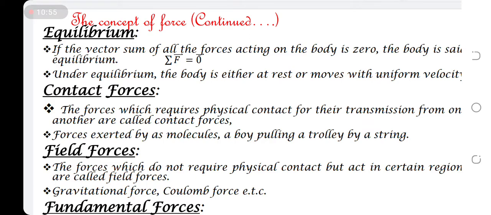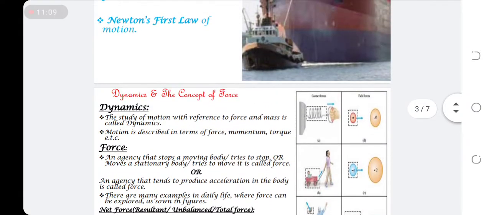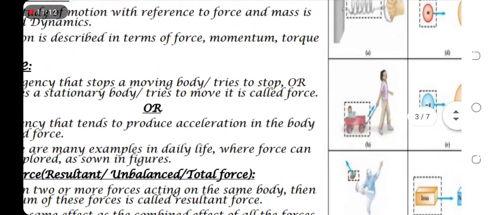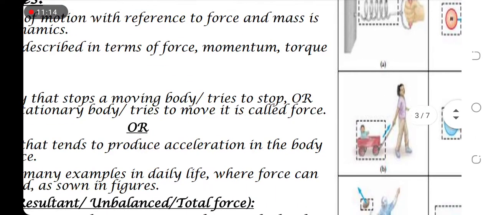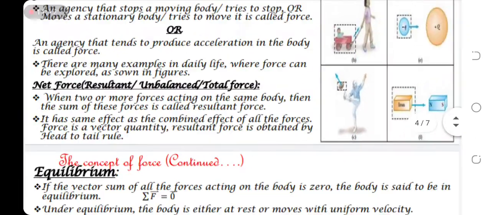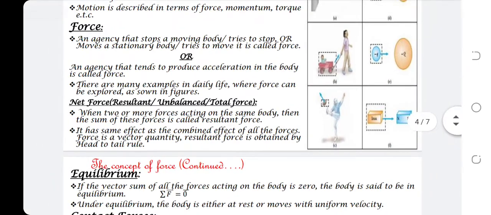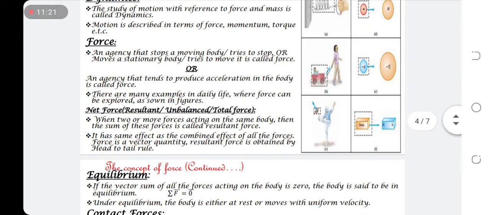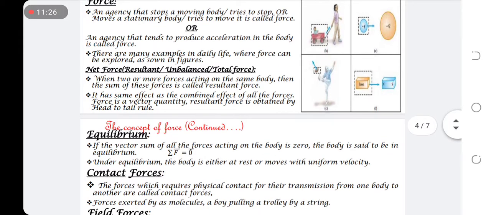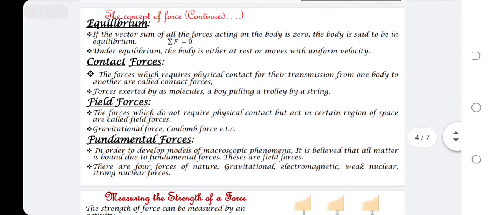For example, a boy pulling a trolley by a string. In the diagram, we can see these forces as a spring, trolley and the football. These are contact forces. Unless we make direct contact with the body or through a string, these forces cannot be transmitted.